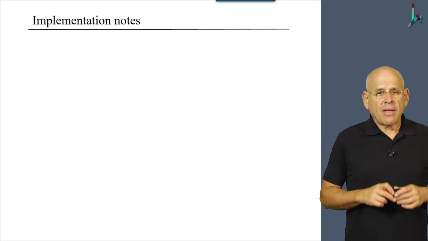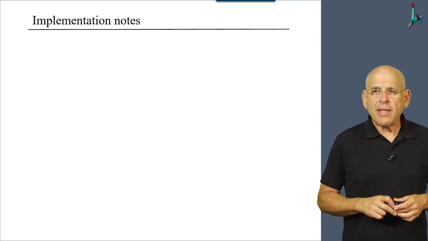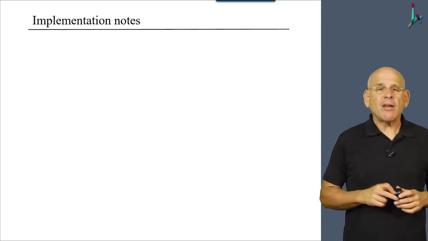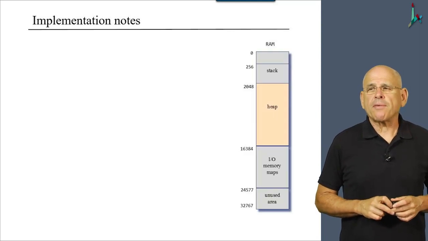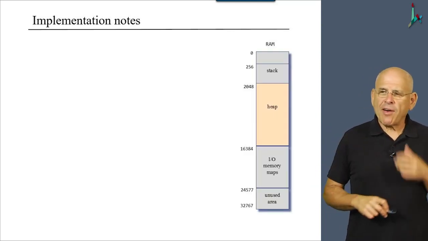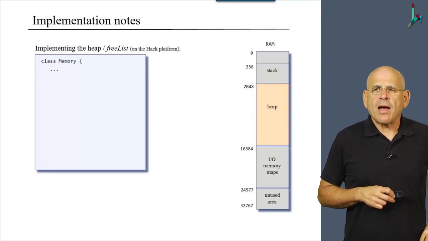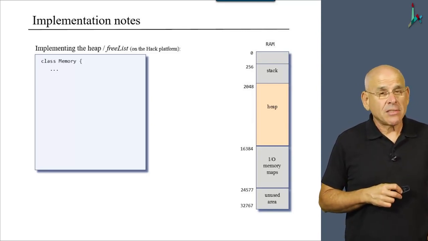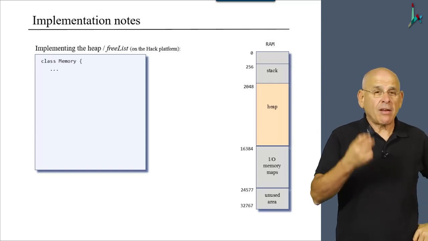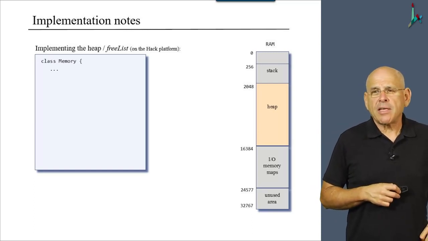So let's talk about some implementation tips, which in this particular case are kind of interesting and important. So this is a snapshot of our memory map, and we're implementing the Memory class of the operating system, and in particular we want to implement this free list, right?